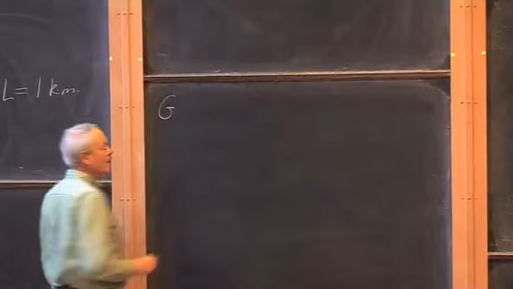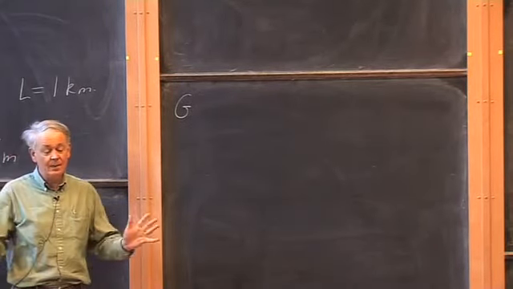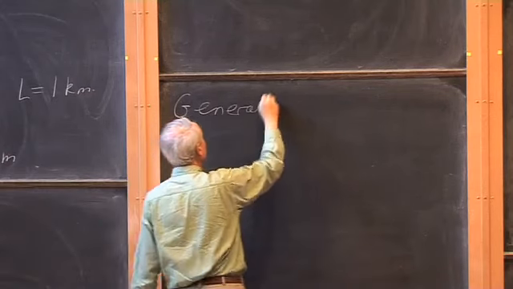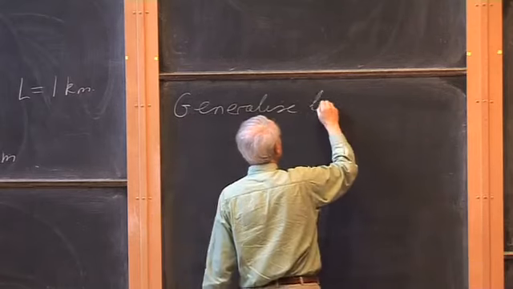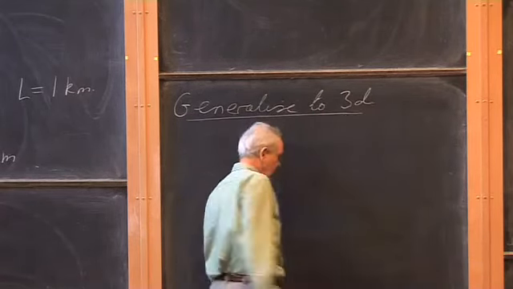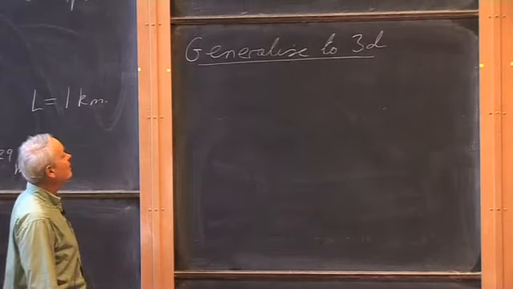So we've done the position representation in just one dimension. Everything has been one-dimensional motion along x. We obviously need to generalize the position representation to 3 dimensions because we live in a 3-dimensional world for whatever reason. And the generalization is nice and trivial. We don't need to worry about it.